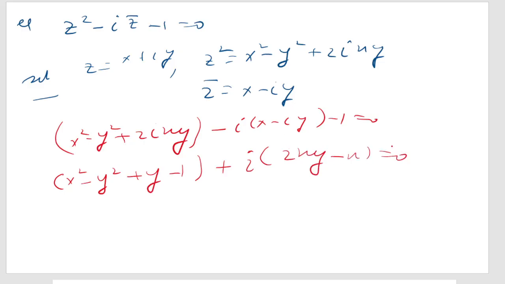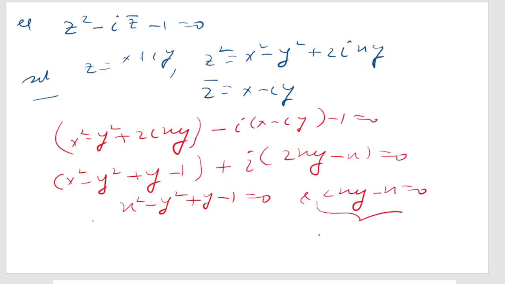Now we'll compare the real and imaginary parts. So we have to solve these two equations: x square minus y square plus y minus 1 is 0, and 2xy minus x is equal to 0. For solving this, first I will take x common, so x times 2y minus 1 is 0.